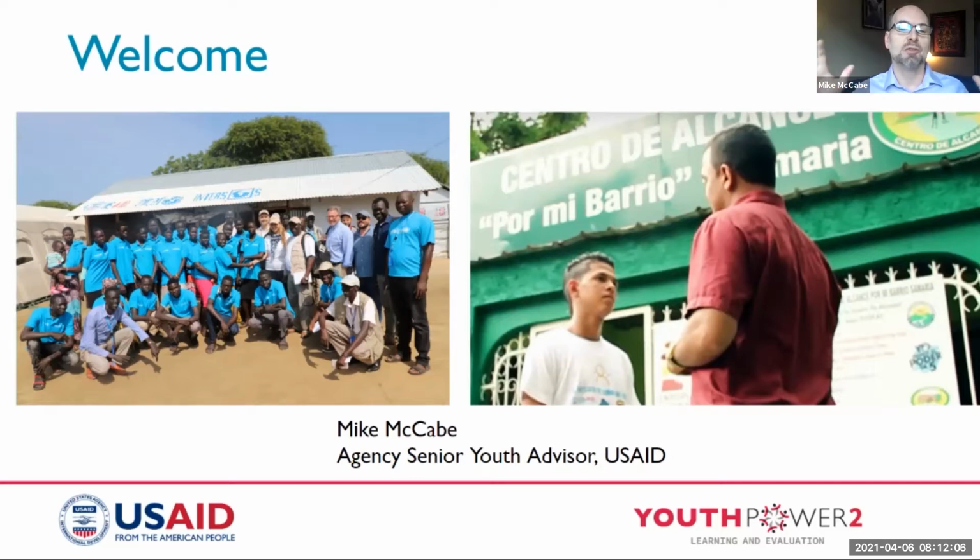It is drawn from examples of youth centers and organizations on all continents that touch on different aspects of effective after-school programs and youth centers and safe spaces. I also want to thank those who helped contribute to actually design and develop the toolkit, Isaiah Senes and Katie Green and Maria Brindlemeyer, the Youth Power 2 Learning and Evaluation team, and all the partners who contributed to it, but mainly to those who every day are on the front line helping run and organize youth centers.